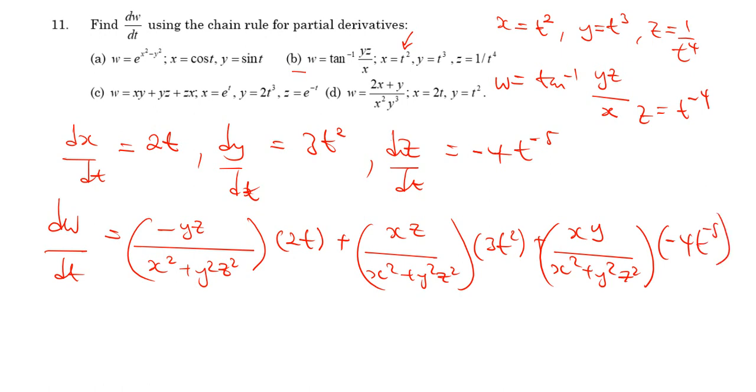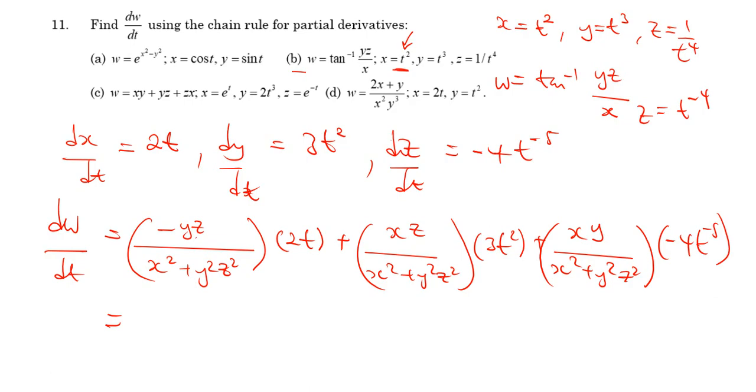Now the rest is just trying to make it look beautiful. Notice that x is t squared, y is t cubed, and z is 1 over t to the fourth. So you need to replace these. You replace your x and your y there.